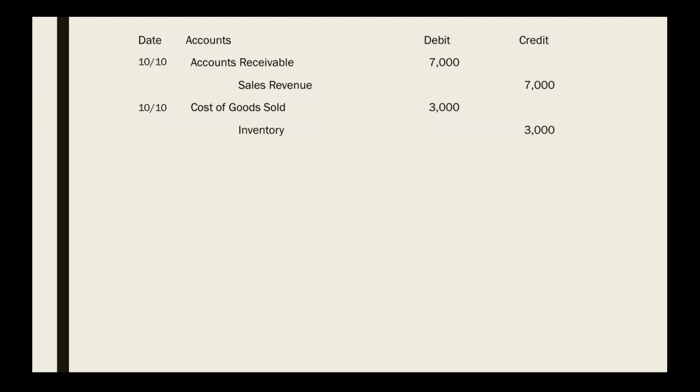And we credit our inventory for $3,000. So whenever you're the seller and you make a credit sale, your journal entries will be set up like this, where you debit your accounts receivable, credit sales revenue, debit cost of goods sold, credit inventory.